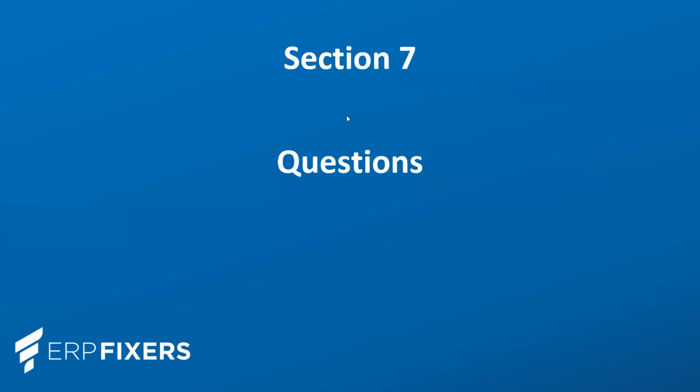Next question. Somebody is specifically requesting that we answer their question. In an MTO scenario, how do we flow the variance to COPA before settling the sales order? That's a detailed question.